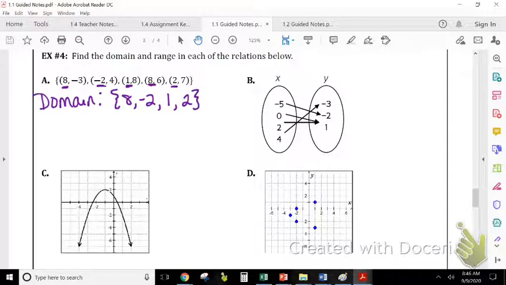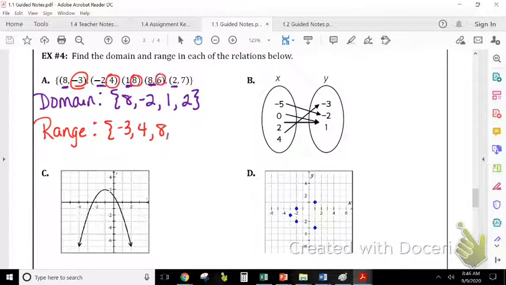So there's our domain. Our range, remember, is your y values. So I have negative 3, 4, 8, 6, and 7. And so there's our domain and range.